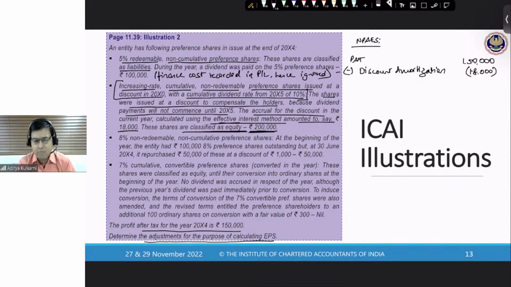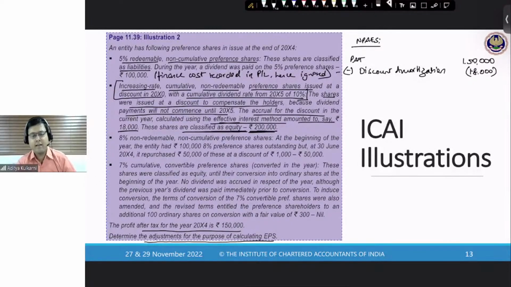This is going to be a slight pain point, since it is not consistent with the terms used in Ind AS 109 relating to financial instruments. Ideally, it cannot be effective interest rate for equity, but since we have to take it as a discount, it is only in this case that we find effective interest rate used for equity. Otherwise, you will never find this.